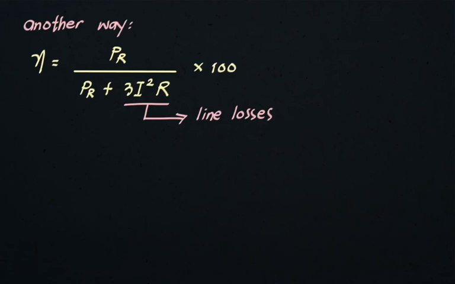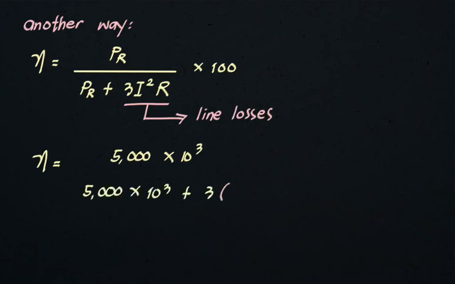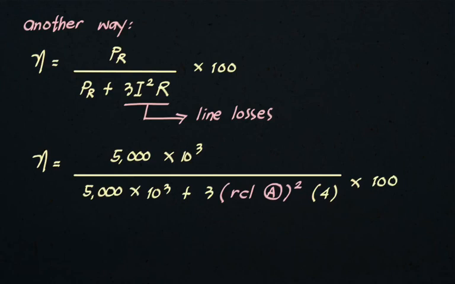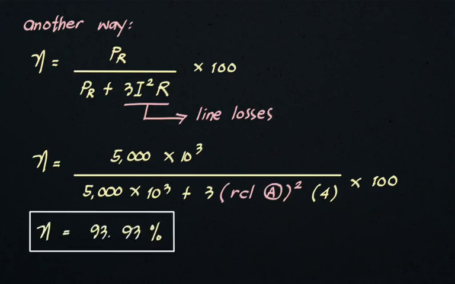Since the I is the line current, in this case it is also IR, because Is is IR. We have the efficiency also as 93.93%.